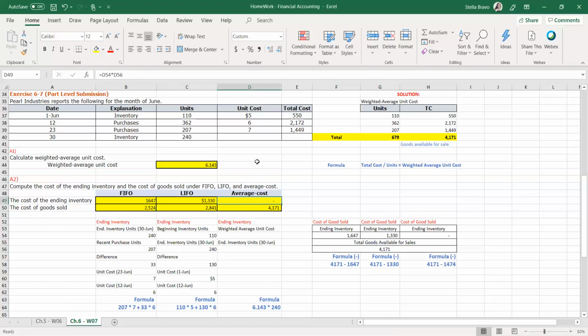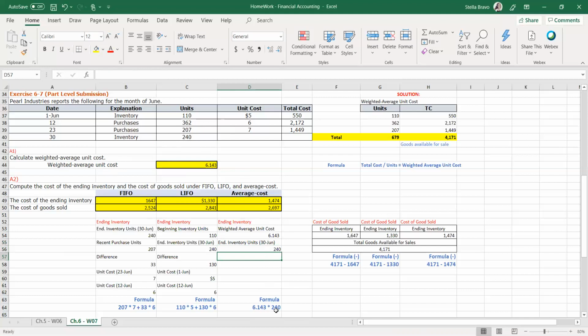For the last account, average cost, we need the answer from our first part, the weighted average unit cost. So let's duplicate this amount here. And it's easy, we just need the ending inventory units, which we already know is 240.